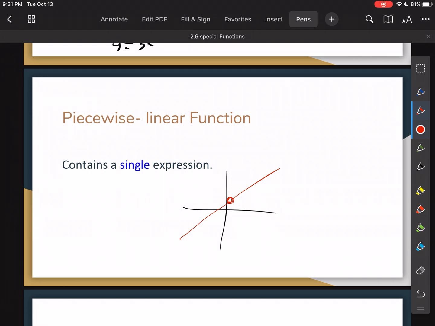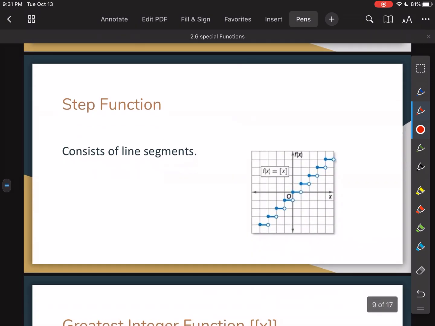That's also considered a piecewise function. That's a linear function, but it's broken up into 2 pieces. It's technically just one single expression, but we have a hole in the graph. So it'd be something like y equals 2x plus 3, where x cannot equal 1. If we have something like that, there'd be a hole in the graph.